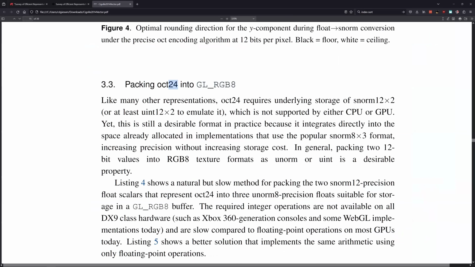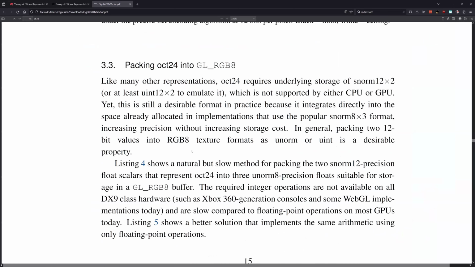Hacking 24-bit into RGB8. If we just pack it into the 8x3 SNORM format, we get the same alignment that we want, but we just have to take the G value and cut it up and then give it to the R and B and get our 2x12 format.